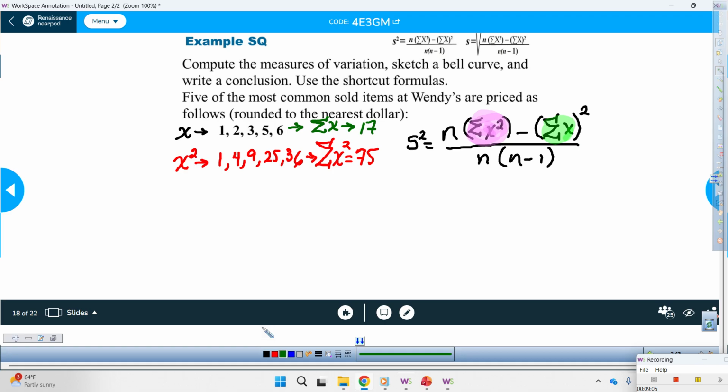And before we continue, look up. Tell your neighbor what n, I'm going to do blue for n. What does n mean? What does n mean? Let's go with Sam. What does n mean?